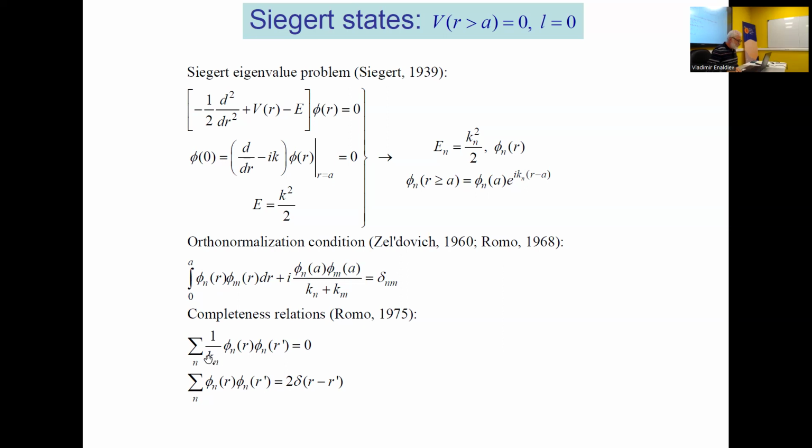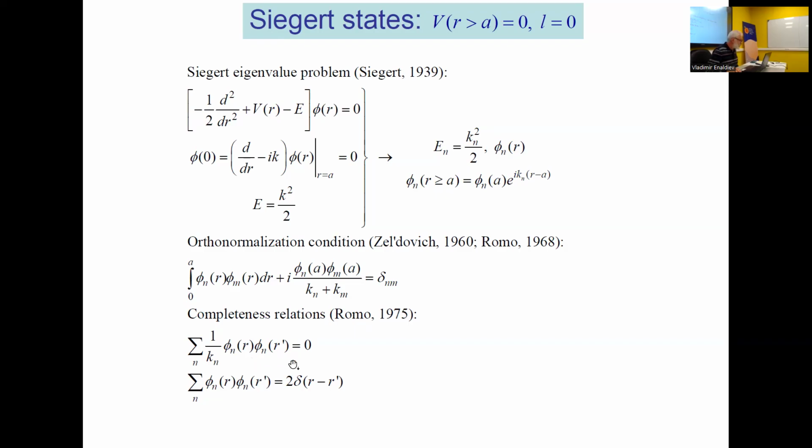But then we have another relation. And this other relation shows that the set is overcomplete, because some linear combination gives exactly 0. These 2 relations establish some completeness properties, but they are very strange. They are very different from usual ones. First, because of these 2, and second, because the set is overcomplete.